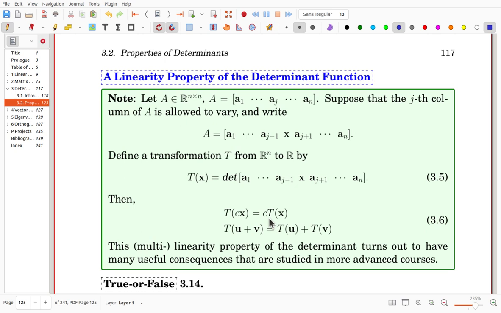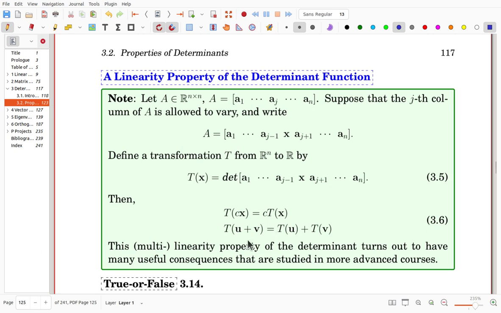Earlier, we considered scaling, the multiplication of k to a row. Now, if you multiply a column by a constant, then the determinant will change correspondingly along with the multiplication factor. So that's exactly this one.